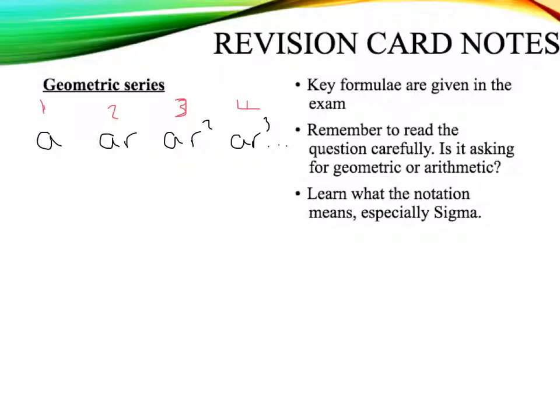That's probably quite a useful thing to know. Sometimes we also see it listed slightly differently with sigma notation. I haven't done any sigma notation questions in this paper, but I will in the future. So make sure you know what this kind of thing means, where we've got sigma and then some notation after it. We'll talk about that in more detail later, and you can add to your card then.